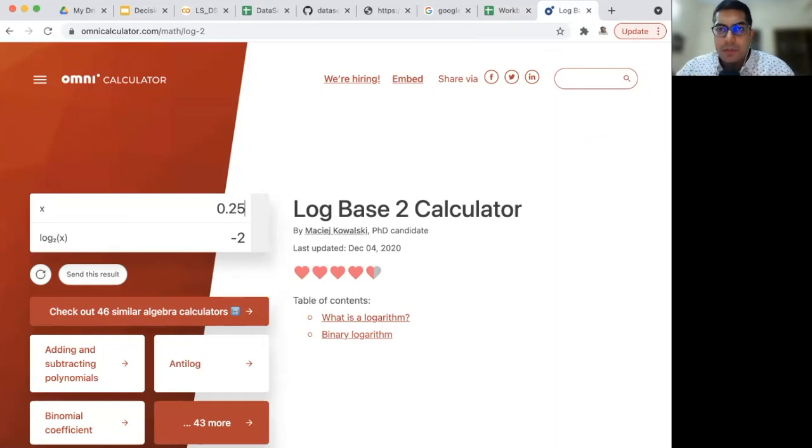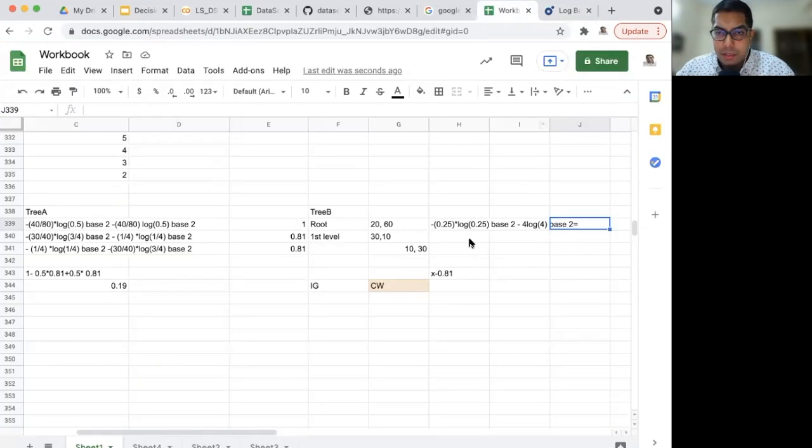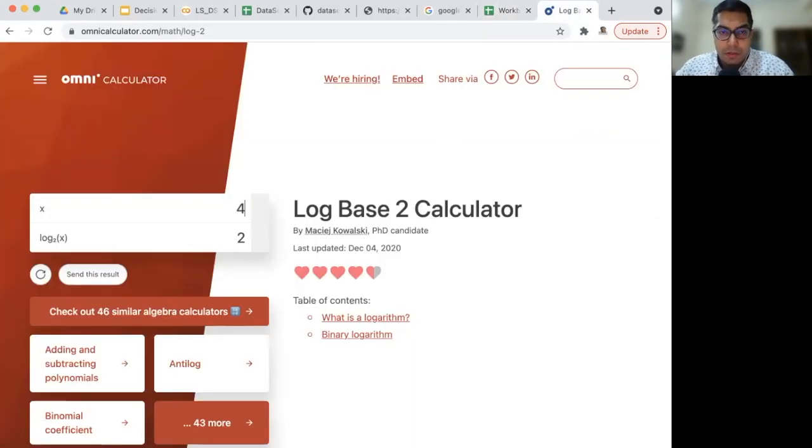So the first value is 0.5. So you get 0.5 minus 4 log 4 base 2. That's 2. 4 2s are 8. I'm getting minus 7.5, right?